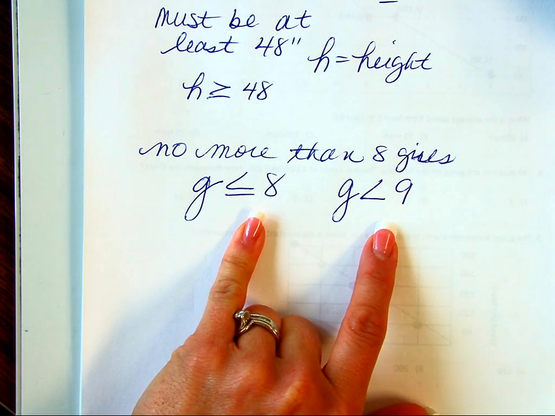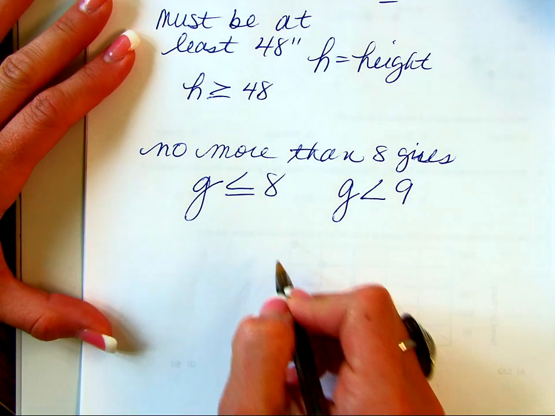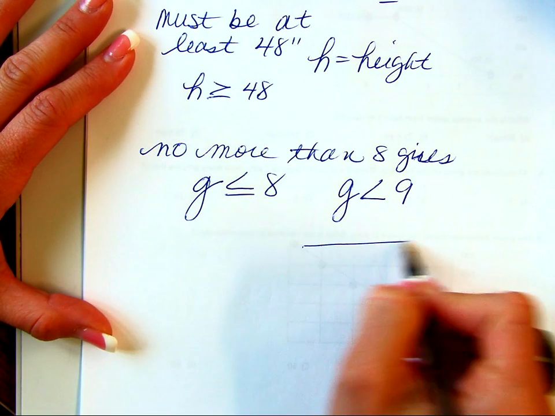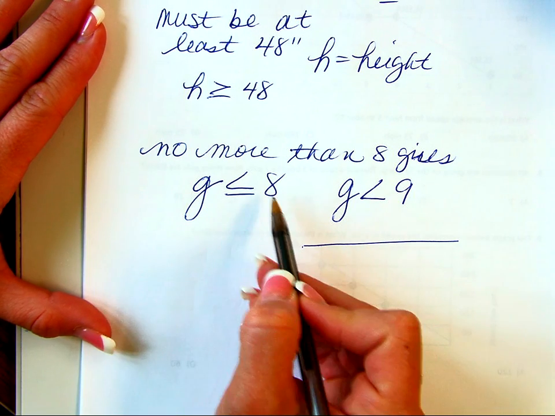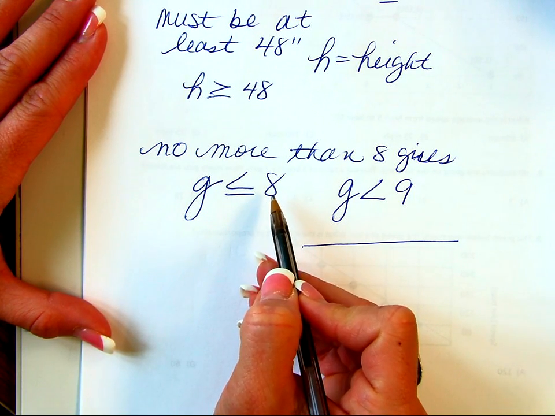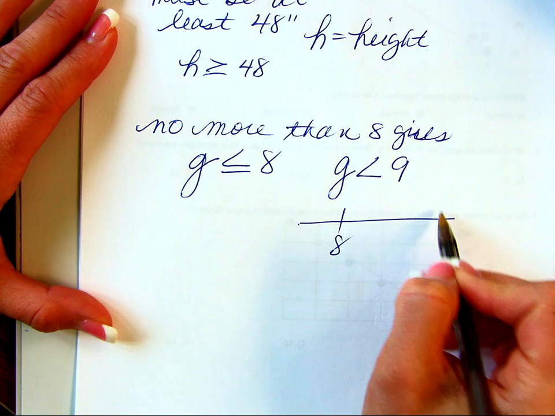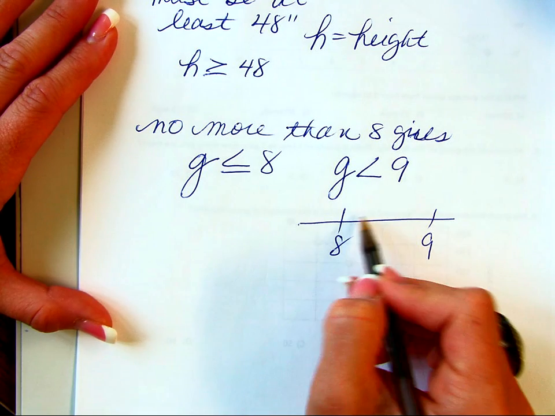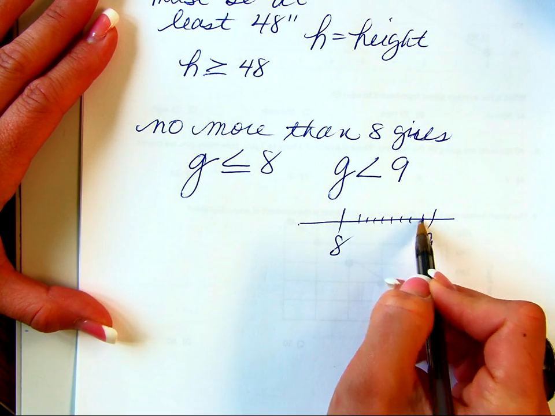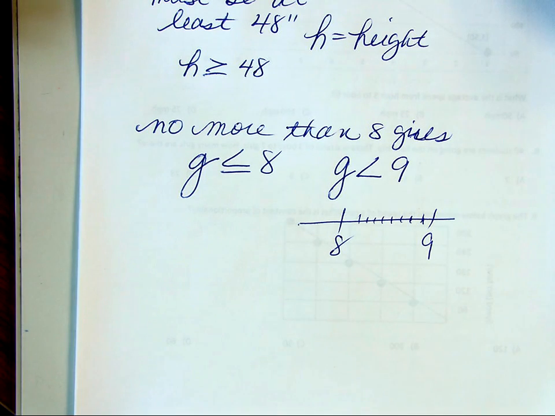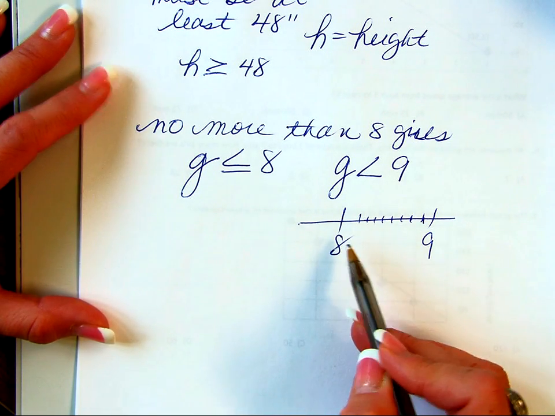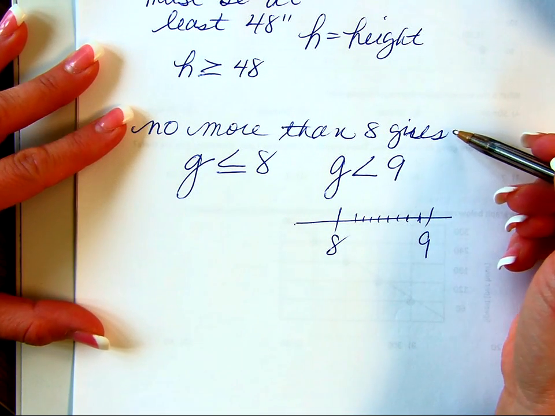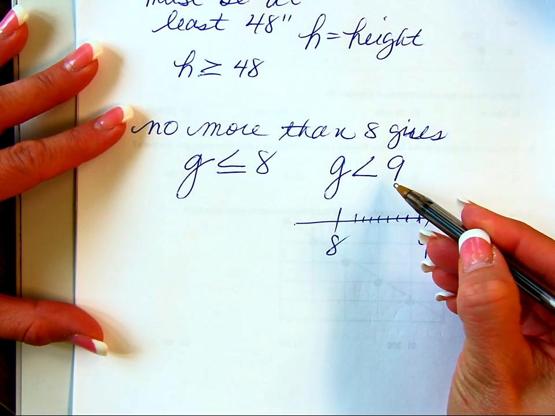Girls, right? Because here's my question. This means there's a whole lot of numbers that are less than 9 but greater than 8, right? They're not whole numbers. If this is 8 and this is 9, there's a whole infinite set of numbers. But because we're talking about people, these are pretty, I'm hoping, insignificant numbers. So in the context of this problem, this would be okay.